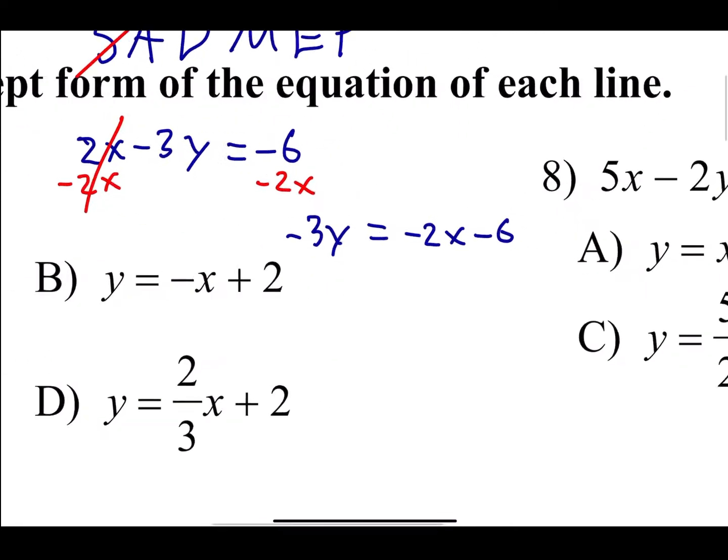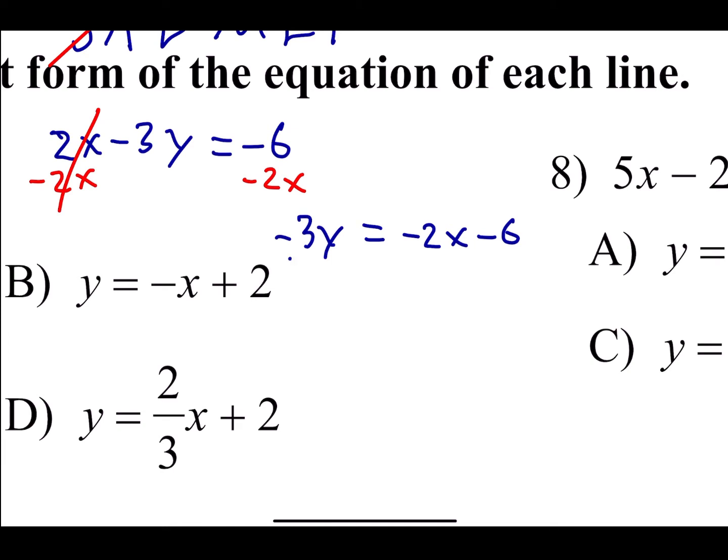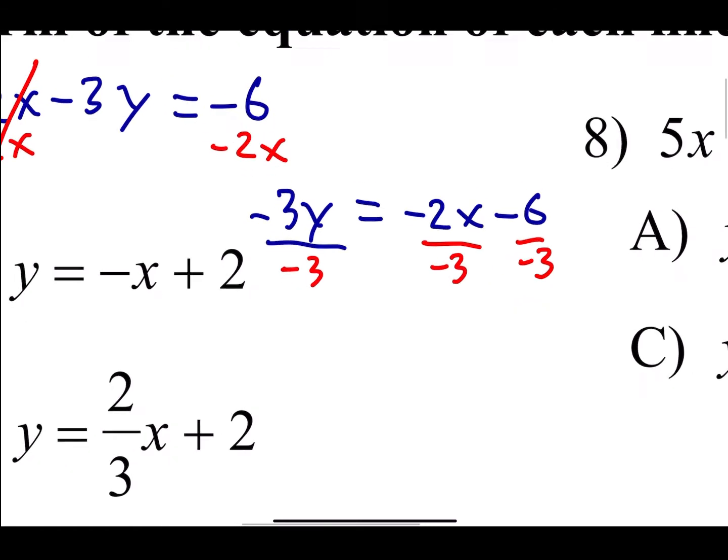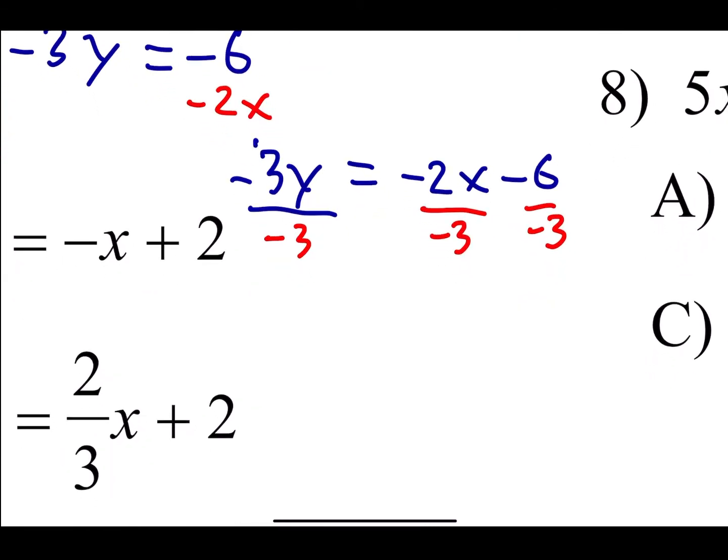Next thing is, can we divide? I need to get this y by itself, so let's divide by negative 3. Now, when we divide both sides of the equation, or multiply, or add, we are doing it to the entire equation. So in this case, I'm going to divide everything by negative 3. And make sure it's negative, because the sign matters. Negative 3 divided by negative 3 is 1. Negative 2 divided by negative 3, negative is positive.